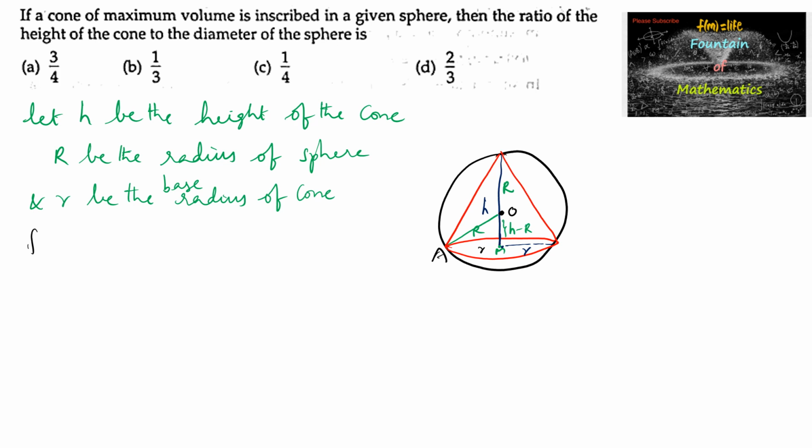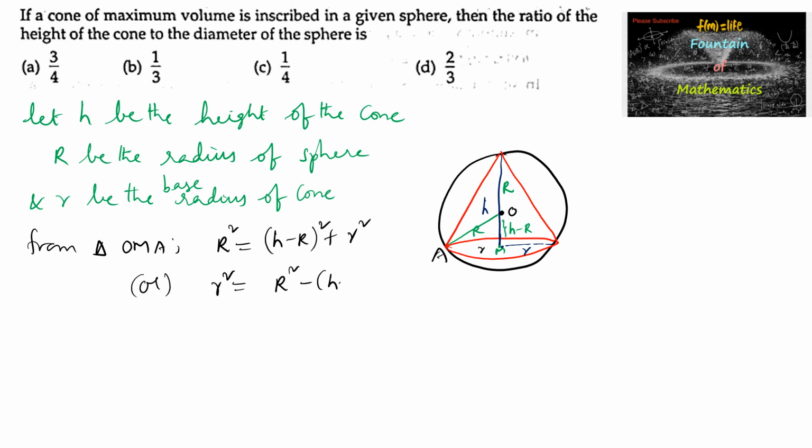So from triangle OMA we can say capital R square is equal to (H minus R) whole square plus small r square, or we can also write small r square is equal to R square minus (H minus R) whole square.